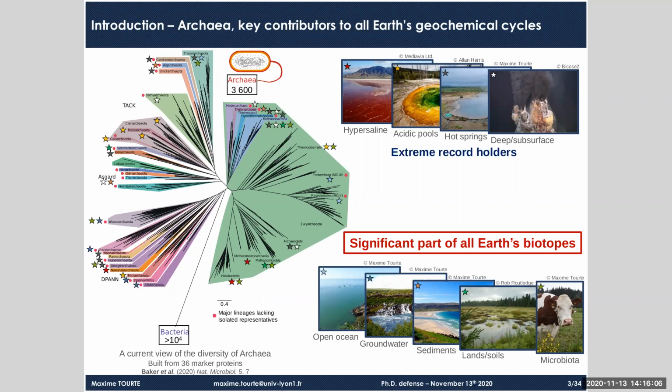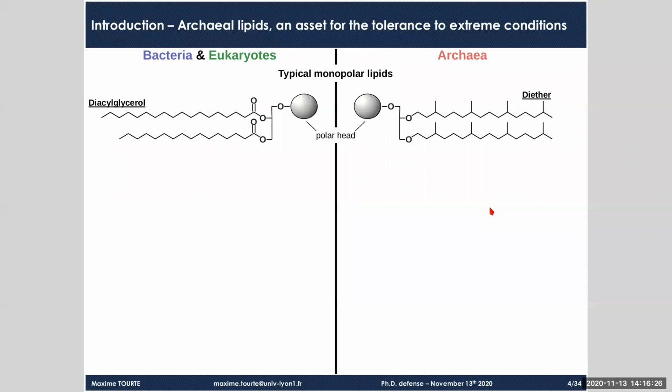While they have similar features to bacteria, such as their overall cell structure and also the organization of their genome, they also have features similar to those of eukaryotes, like how they process their genetic information. But in contrast, they also have very unique features, such as their lipids.